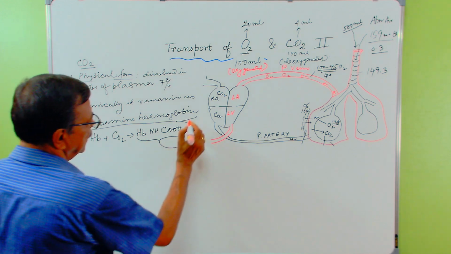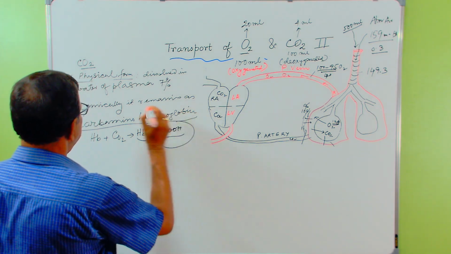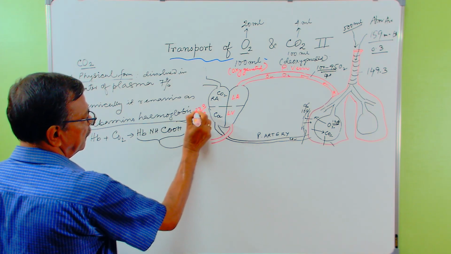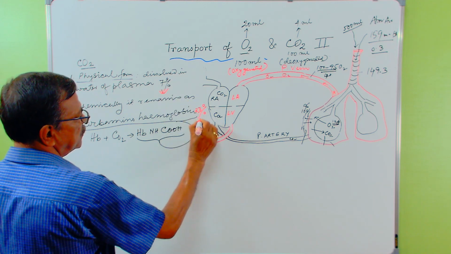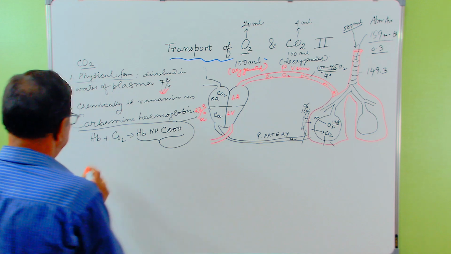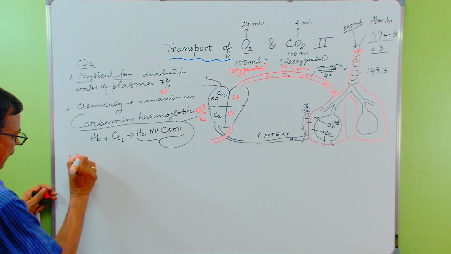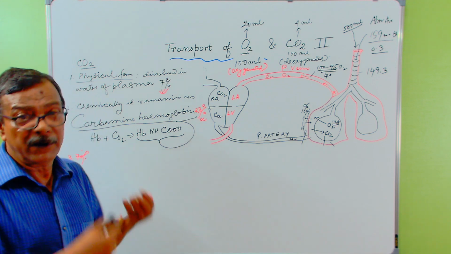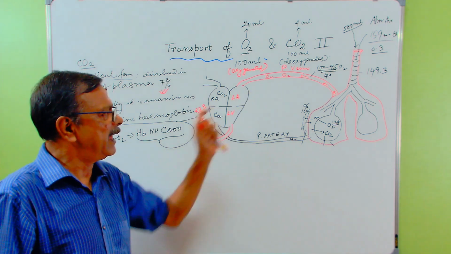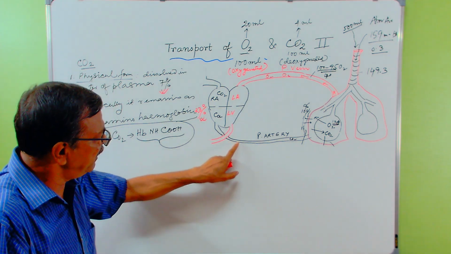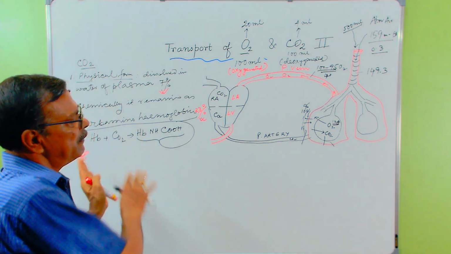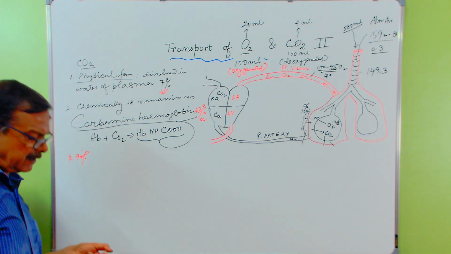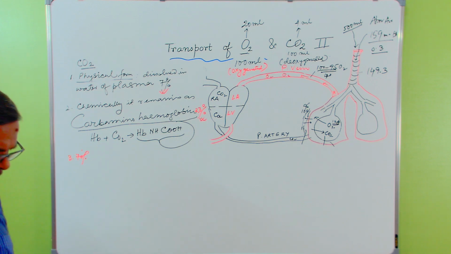This is 7%. This is 23%. Write down. So it is 7%, it is 23%, and 70%. 70% of carbon dioxide is carried in the blood in the chemical form, coming from the cells.